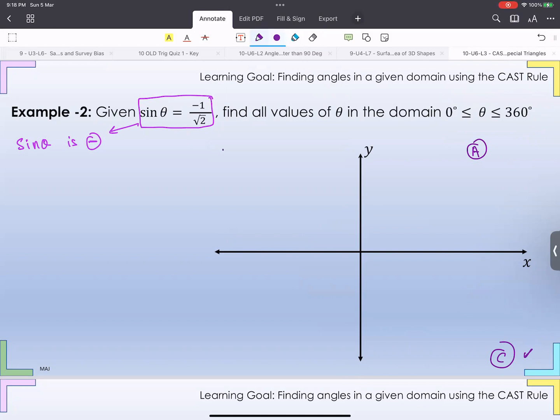And then sine is positive here, and only tan is positive. So sine is negative in these. Okay, so the first step, you have to figure out where sine is negative. Sine is negative in the third and the fourth quadrant.